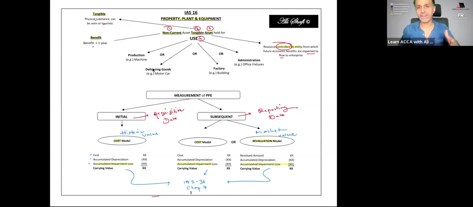So to understand it, know the meaning of each word, and then try to pass many examples through those parts and call them PPE or not, just for the sake of your confidence and comfort, that, oh, I am able to call them property, plant and equipment, because I have been able to pass this one example through all those four parts, and I find them to be property, plant and equipment.